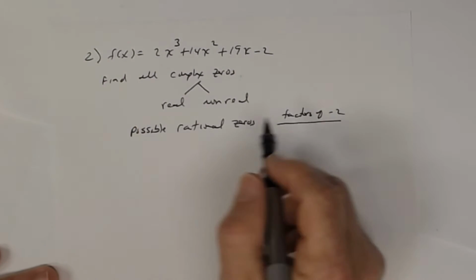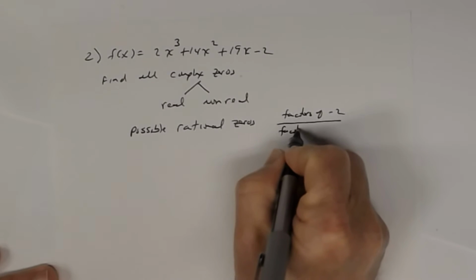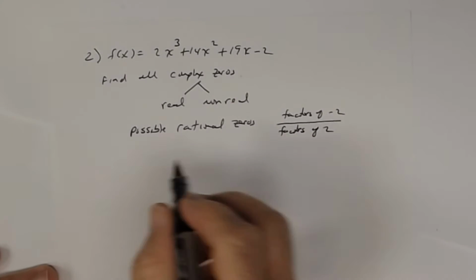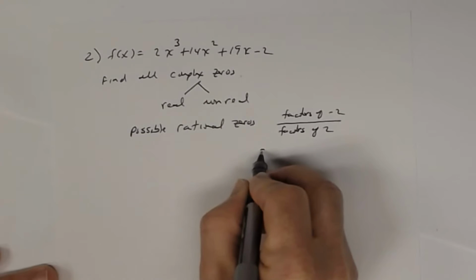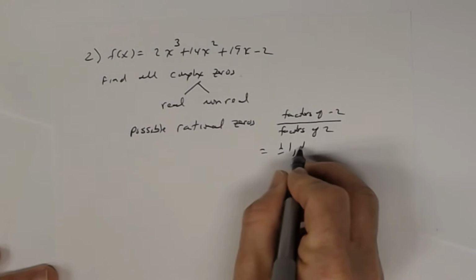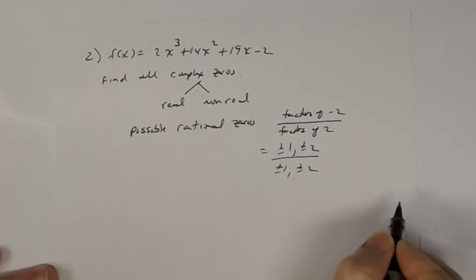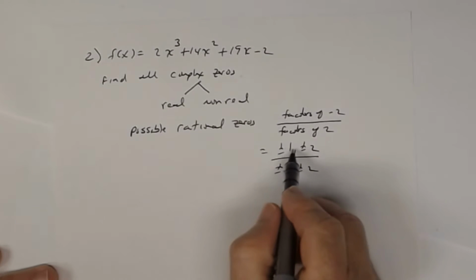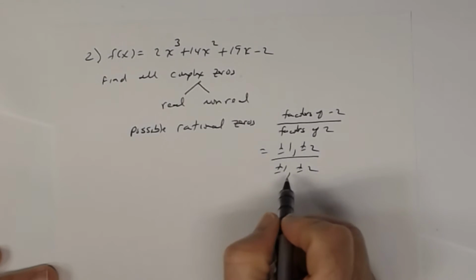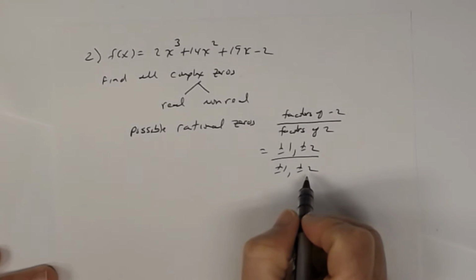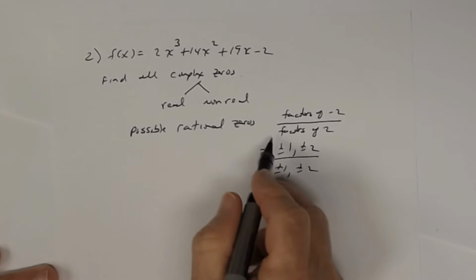So this becomes plus or minus 1, plus or minus 2, divided by plus or minus 1, plus or minus 2. The factors of -2 are these, and the factors of 2 are these. They're the same factors.